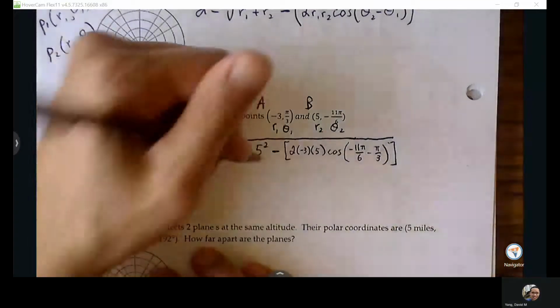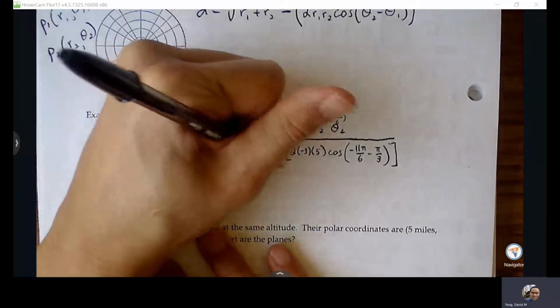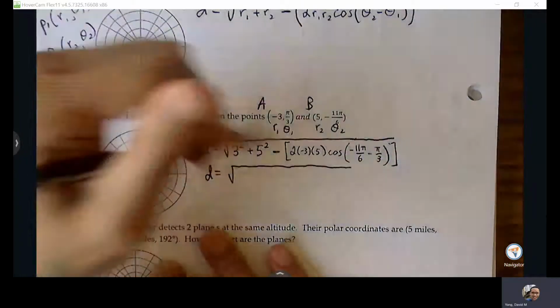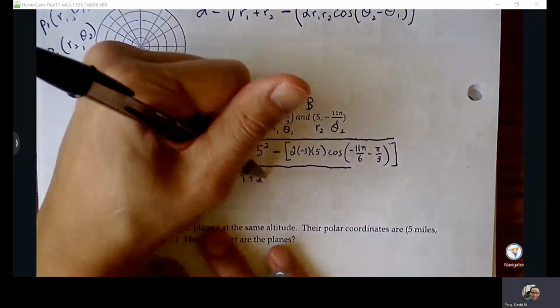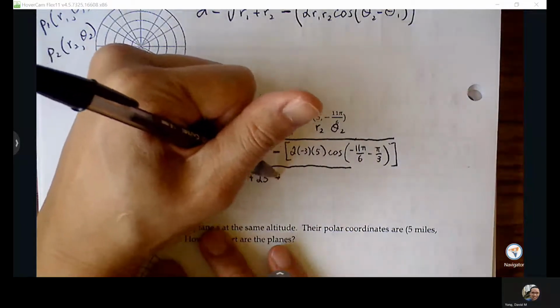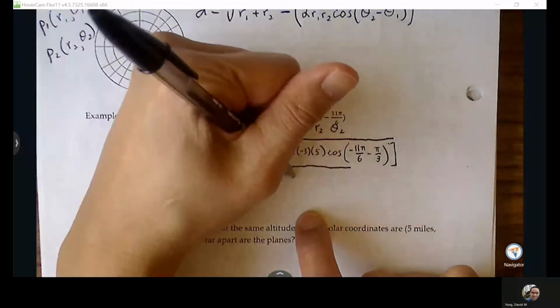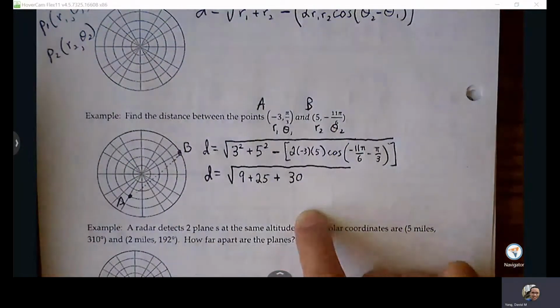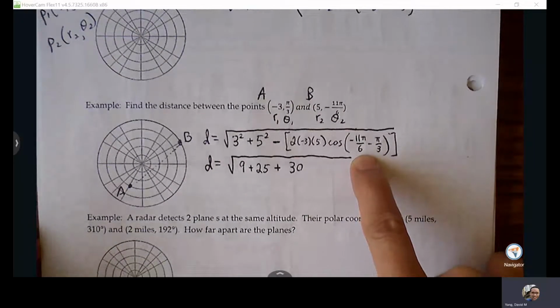Okay. You can try to enter all this into the calculator, but I like to break it up and do it piece by piece here. And then I just entered in cosine of negative 11 pi over 6 minus pi over 3.